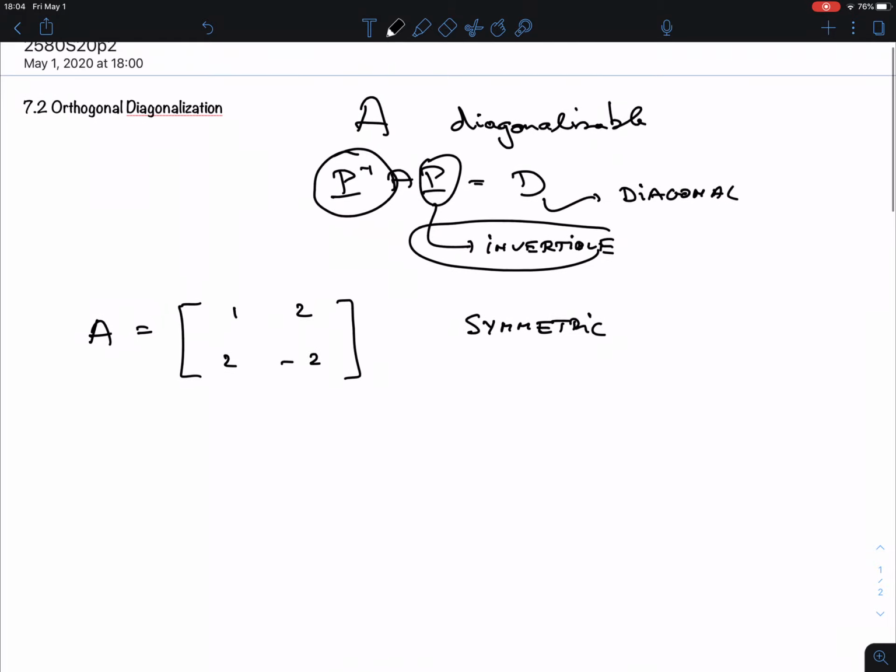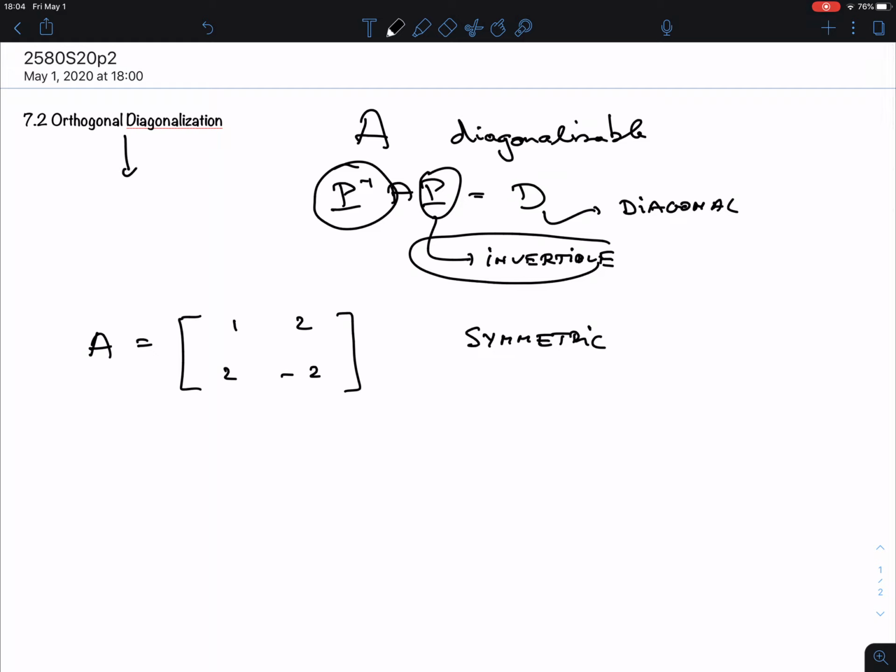All we're going to do today is about symmetric matrices. We will see that if you have a symmetric matrix, you can always diagonalize, and even better, you can always orthogonally diagonalize.